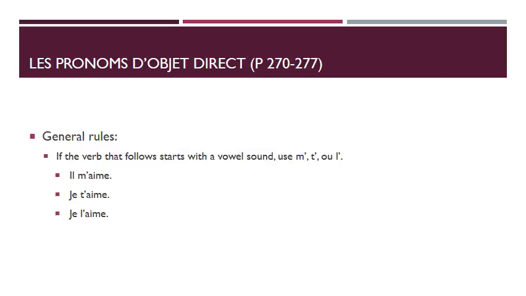Now, as mentioned before, if the verb that follows me, te, le, or la starts with a vowel sound, we're going to use m apostrophe, t apostrophe, or l apostrophe. Why? Because you know them French. They don't like that kind of stuff going on. So, if I'm talking about mon chat, because even though sometimes he acts like he doesn't, he loves me, I would say il m'aime.